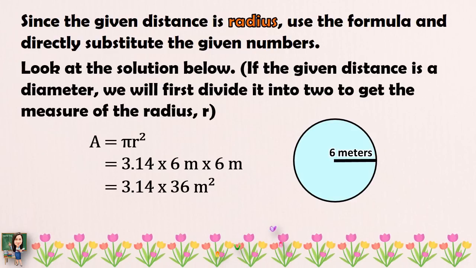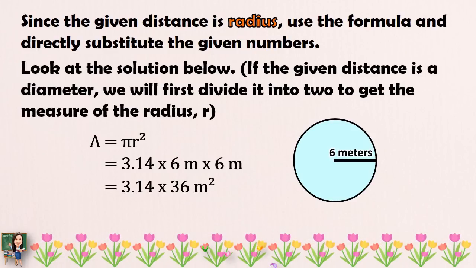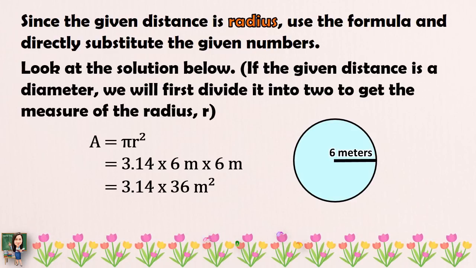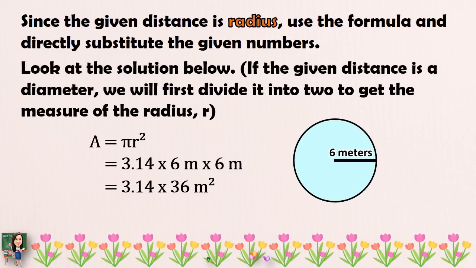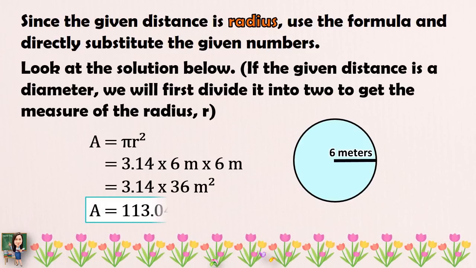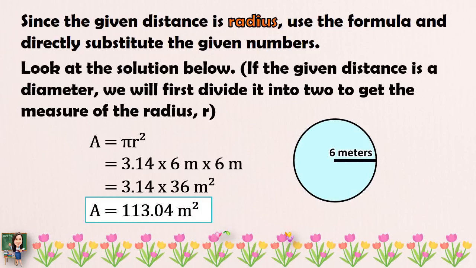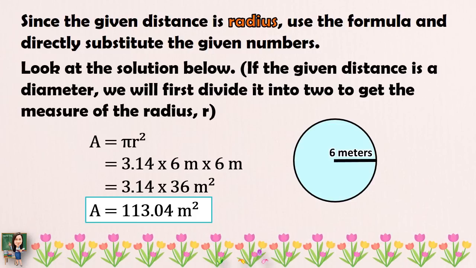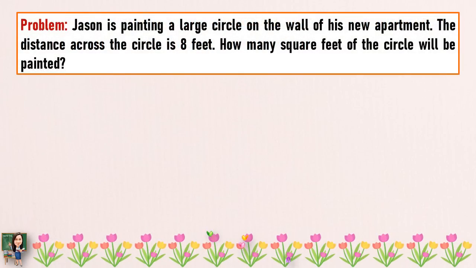Now, multiply pi and 36. 3.14 times 36 square meters, the area equals 113.04 square meters.